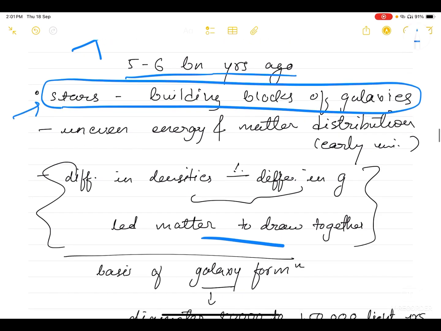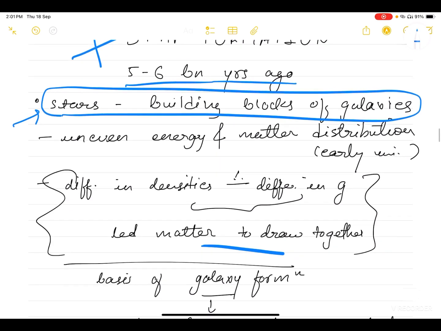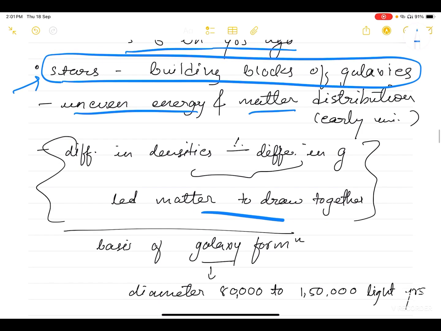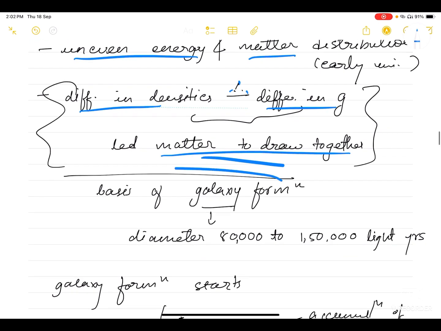Please remember this, stars are the building blocks of all the galaxies. Earlier, energy and matter were unevenly distributed in the universe, and as there were variations in the densities, there were also variations in the gravities. This led the matter to draw together, and this formed the basis of our galaxy formation.